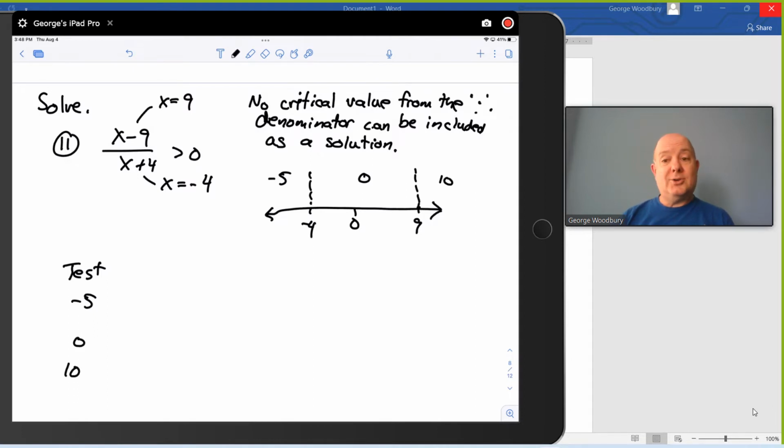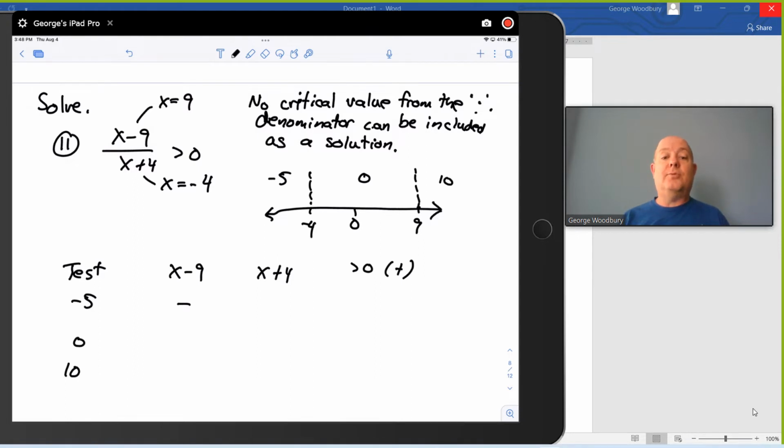The two factors that I'm working with are x minus 9, the numerator, and x plus 4, the denominator. And I want to figure out, is it greater than 0? Well, again, the numbers that are greater than 0 are positive. So I'm looking for a positive quotient. When I substitute negative 5 in, negative 5 minus 9 is negative. So that's a negative numerator.